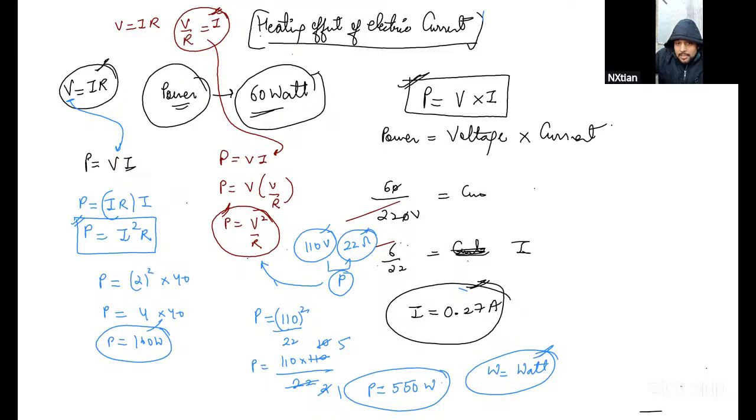For example, you are using a 200 watt bulb. Now you are using it for 1 hour, for 2 hours, for 6 hours in a day. For example, 6 hours in a day. That will consume some electricity, some power, sorry, some current.